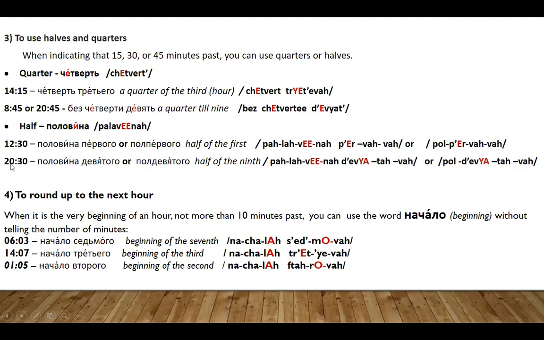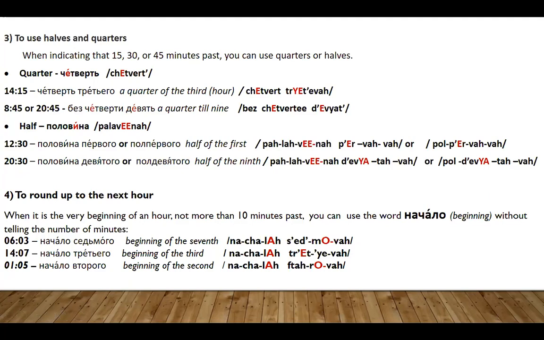Because it's already past 8 o'clock p.m., we're talking about the next hour, which is 9. That's why it's half of the ninth. Половина девятого, or the contracted form пол девятого.